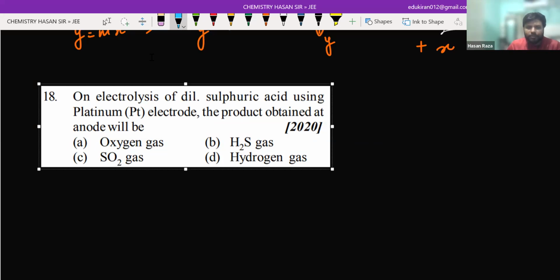On electrolysis of dilute sulfuric acid using platinum electrode, the product obtained at the anode.